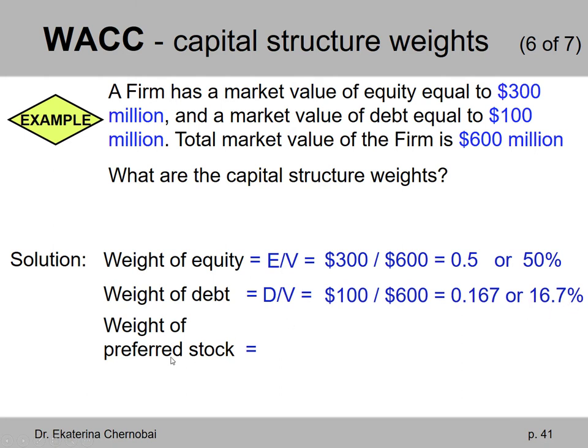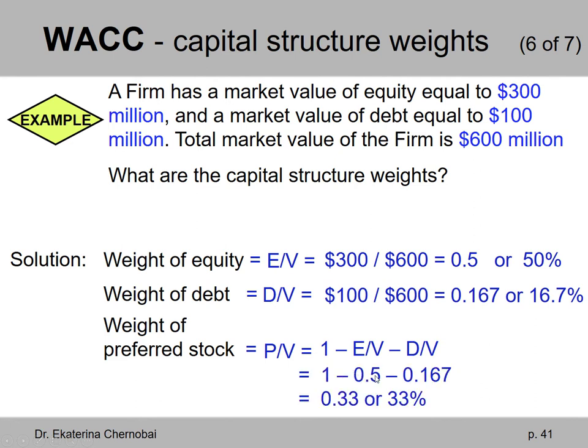And the weight of preferred stock can be calculated, for example, by taking 1 and subtracting the two weights in decimals. So 1 minus 0.5 minus 0.167, which gives 0.33 or 33%.